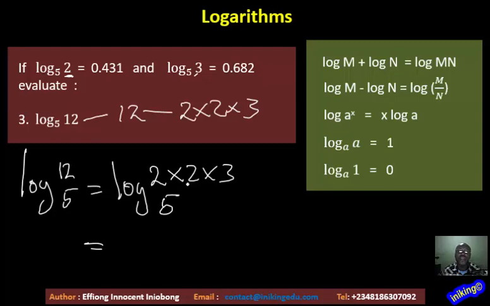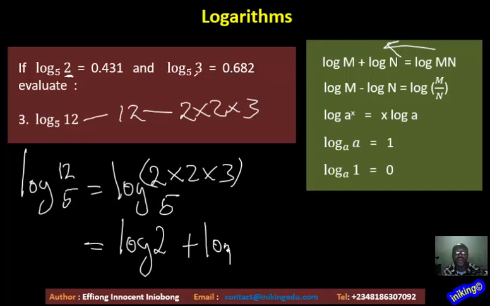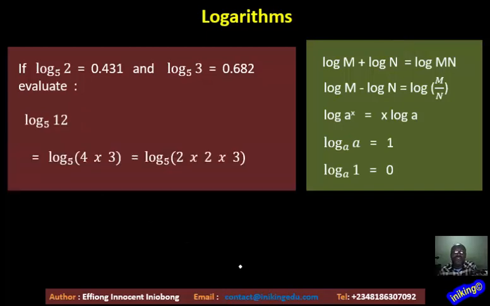Now log of 2 by 2 by 3 to base 5. Applying the first law, moving from right to left, it means I can split this out as the logarithm of 2 plus the logarithm of 2 plus the logarithm of 3 all to base 5. And which implies, therefore, if I can move to the next screen, you can see there we have split that, and we have this as what?